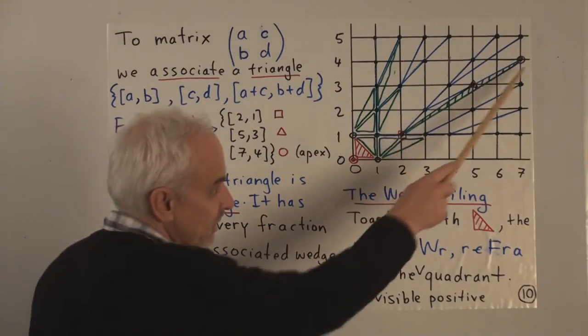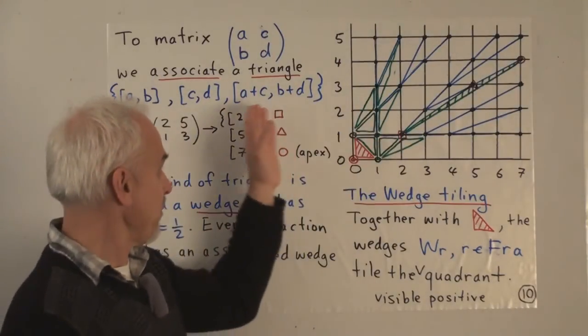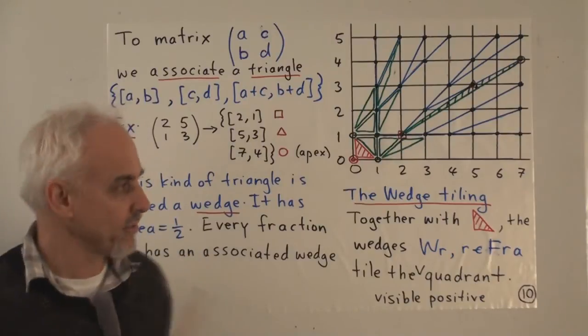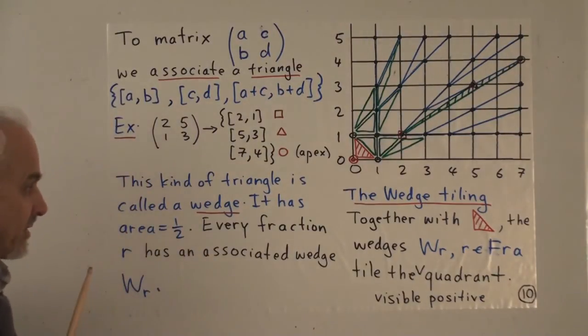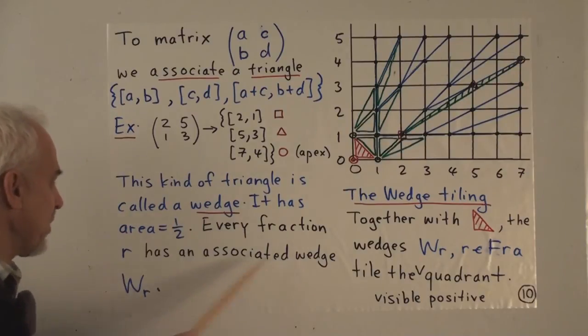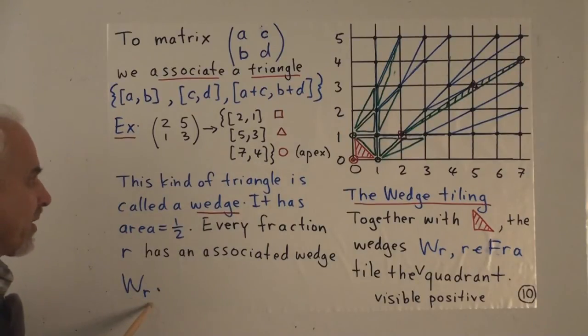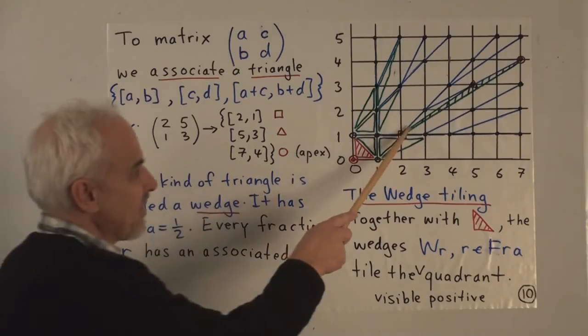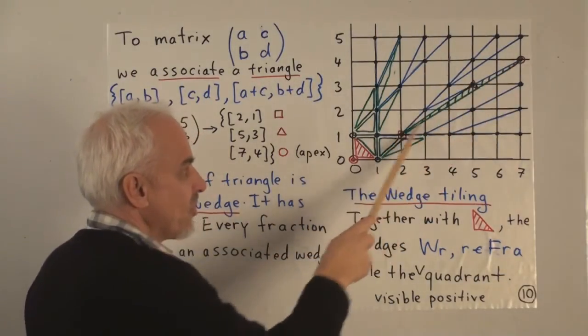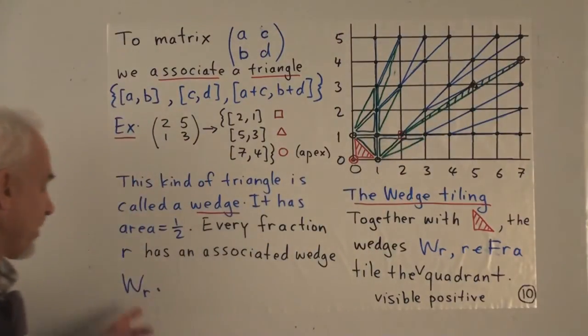This one may look long and skinny, but for bigger matrices, the triangles are much longer and much skinnier. They become very hard to visualize. So every fraction r has an associated wedge W sub r. In this case, if r is equal to 7 over 4, then this triangle is the triangle W sub 7 over 4.